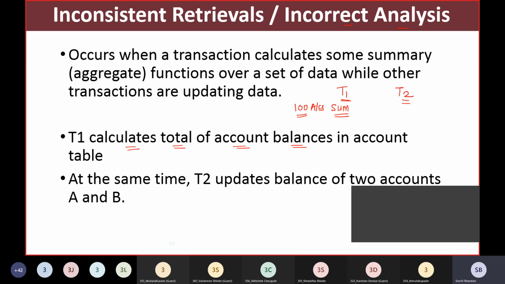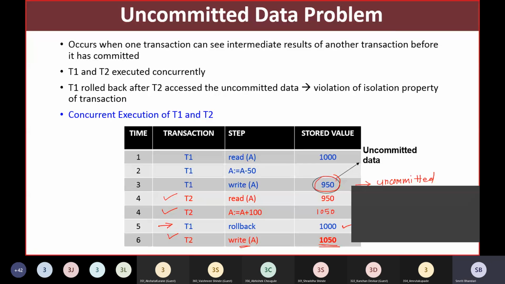Right? So this is the third problem that we may have while executing our transactions concurrently. So we have listed three problems. What was the first problem? That was the lost update problem or multiple update problem. What was the second problem? The second problem was the uncommitted data problem.